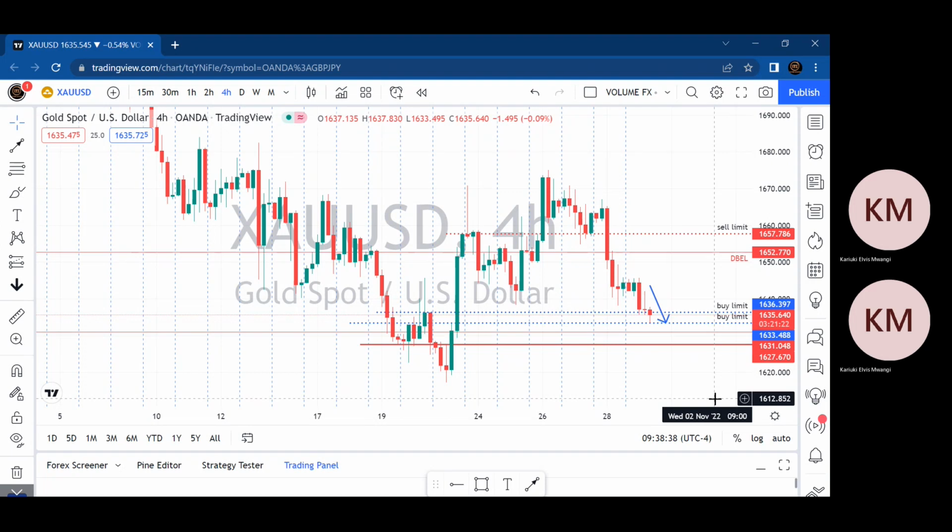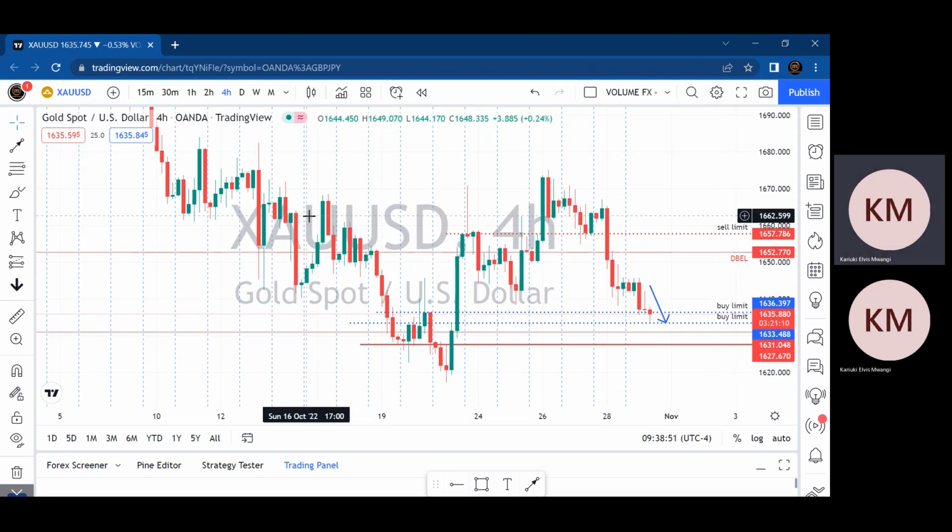And if it activates, my order will now be active. That is what I call a pending buy limit. Now we are going to look at a pending sell limit.